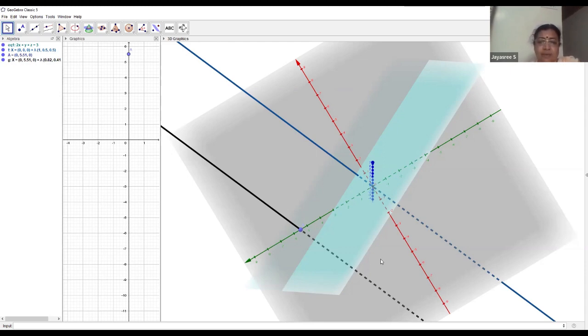I have done many things, but every time I need to close and share. I kept all the 3D files in a folder: parallel planes, particular planes, line of intersection of two planes. I just wanted to tell you we can explore ourselves with this.